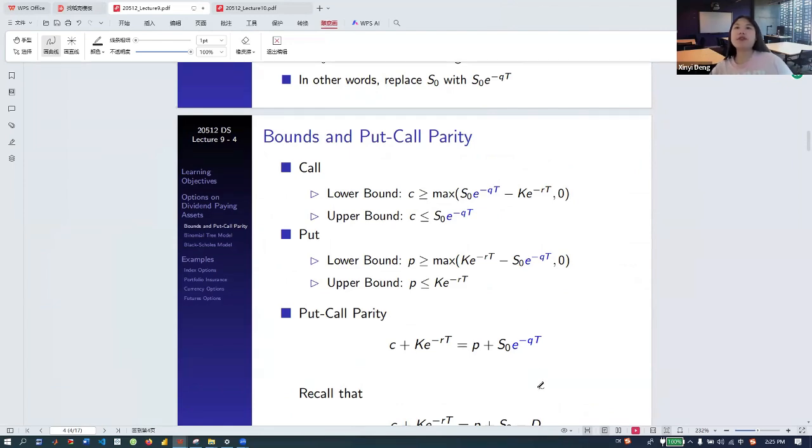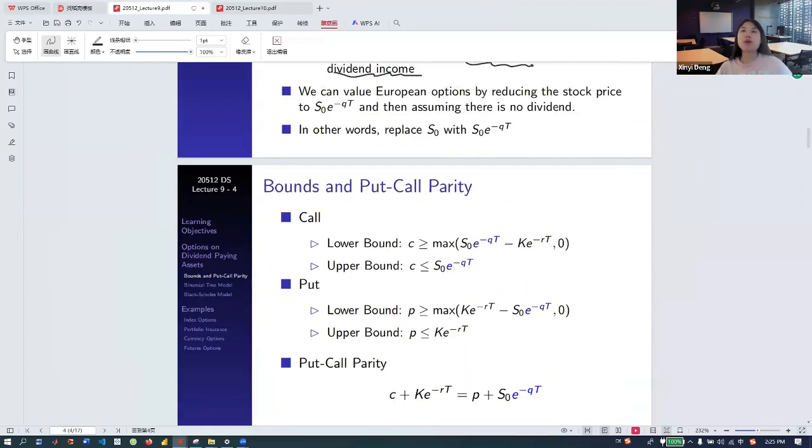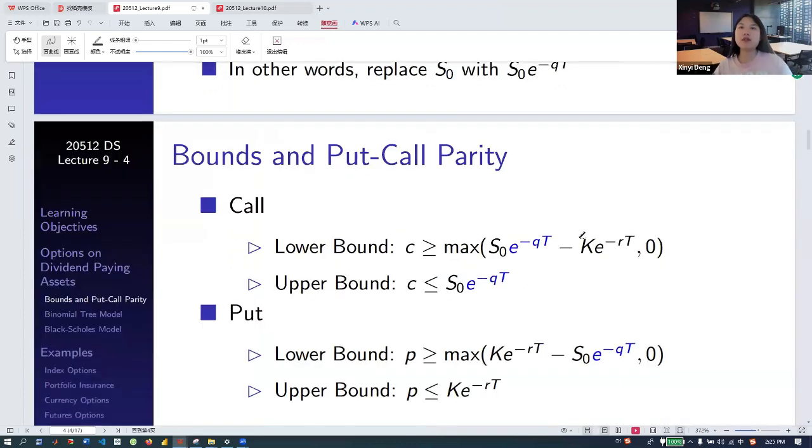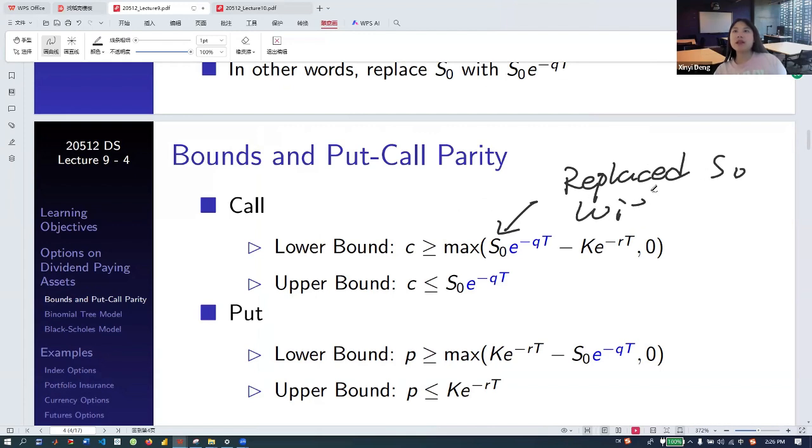Here we are using the first intuition. So we replace S0 with the lower price, S0 times e to the power of minus qt, to get the new boundary condition.